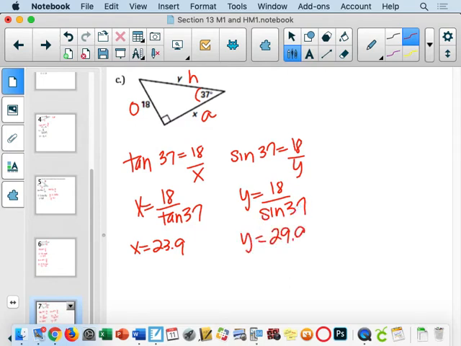It's going to be 29.9. So you're getting 29.909, and so that 0 after the first 9 is going to leave this 29.9.